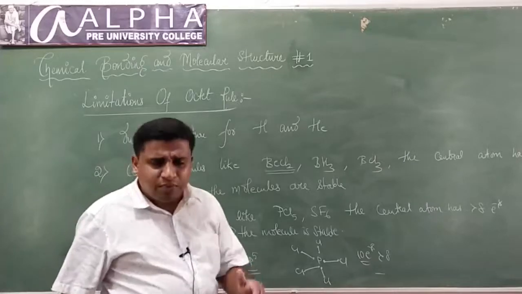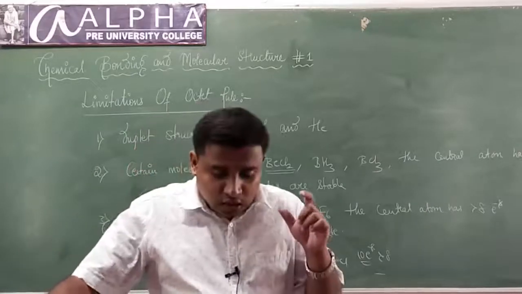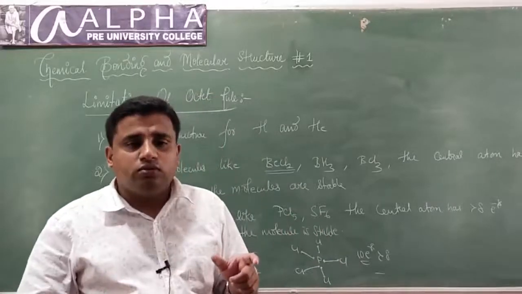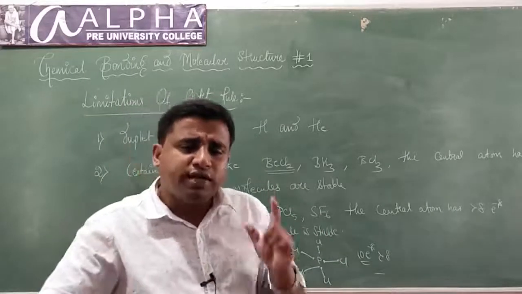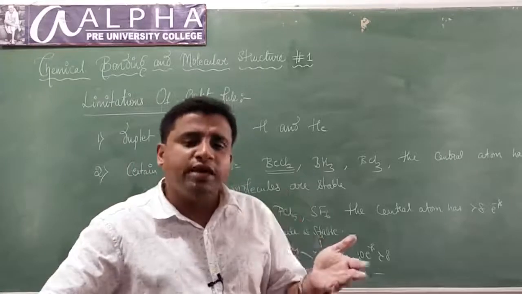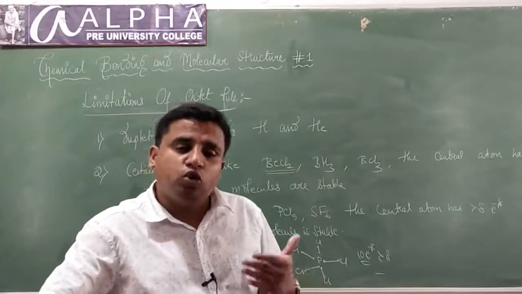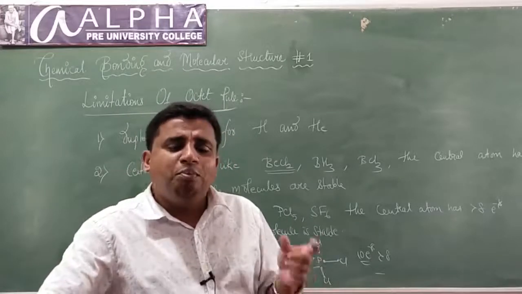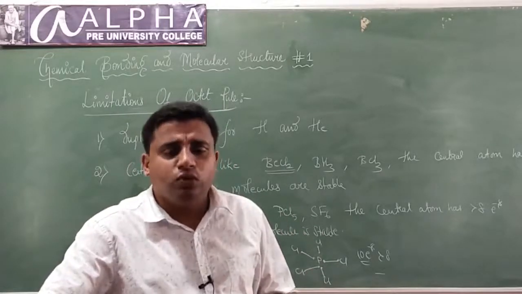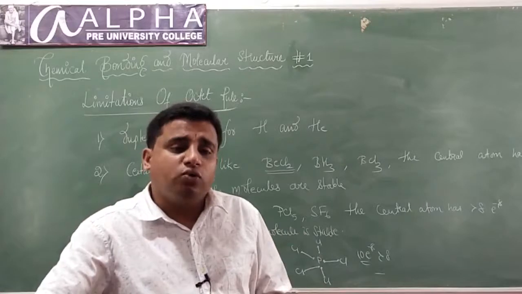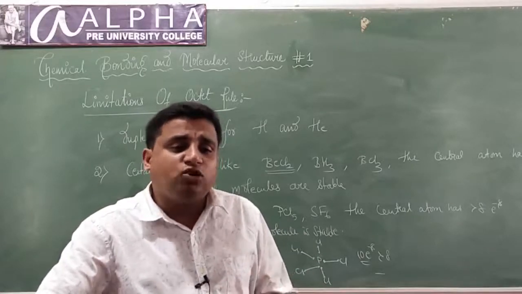So, students, there are certain limitations for the octet rule. Of course, the octet rule is obeyed by the majority of compounds. About 90% of molecules will obey the octet rule. There is no doubt in it. But the remaining few molecules do not obey it. They need not have 8 electrons in their valency shell.